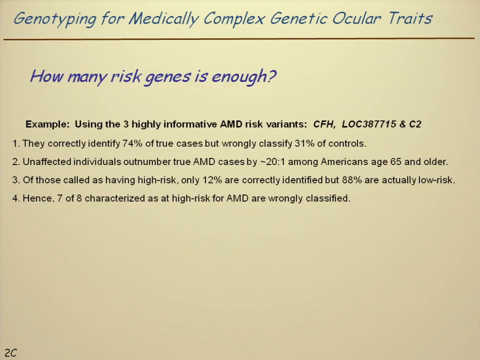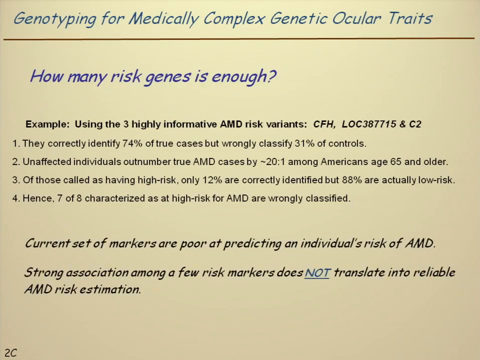That's not a very good test to use. So, in fact, you do need a lot of genes, and this is going to be a very complicated process in complex diseases. Maybe that's why they're called complex diseases.